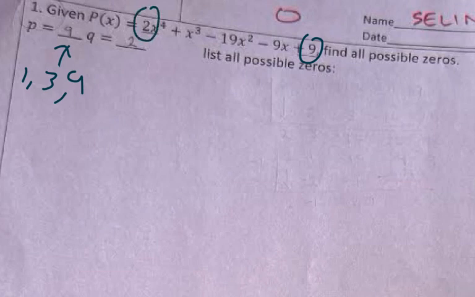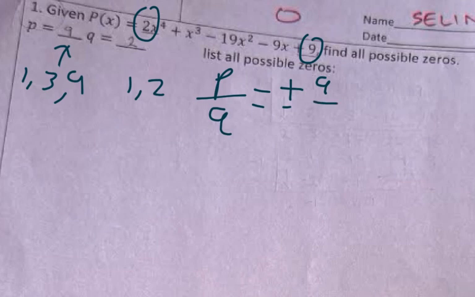For the Q, that's the leading coefficient. It's kind of backwards. The only way I can make a 2 is 1 times 2. Now, we want the combinations of P over Q. So it's going to be either positive or negative 9 over 1, or 9 over 2, or 3 over 2, or 3 over 1.